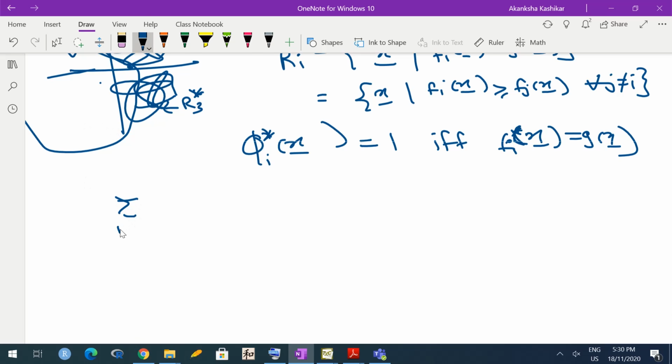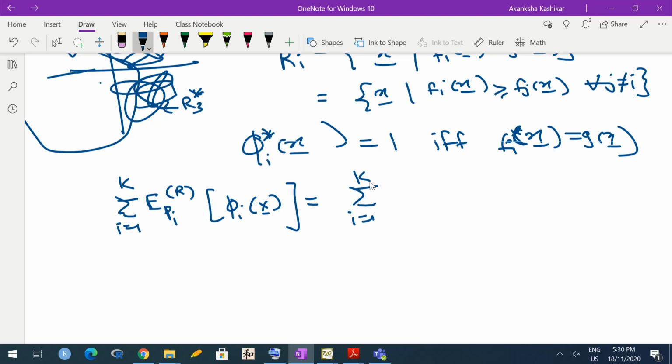It is the sum over i going from 1 to k of E_Pi of phi i(x). In general, we will try to see if the R star rule that we defined just now, the rule which says allot x to that population whose PDF is highest at x, is optimal. So this can be written as the sum over i going from 1 to k.